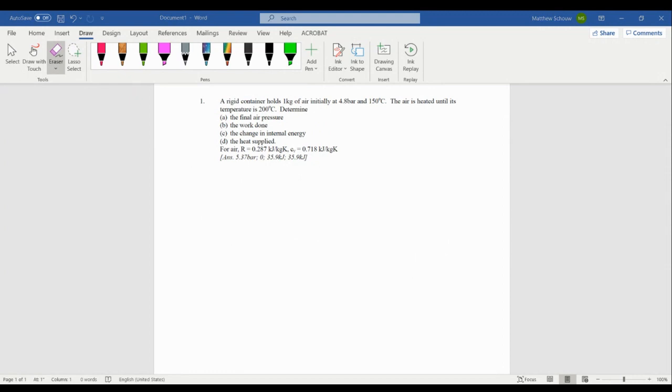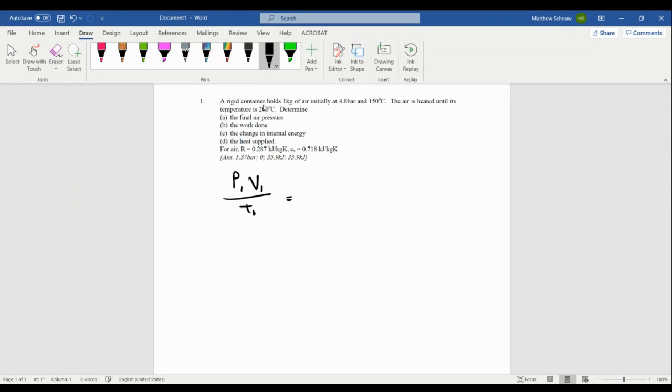Anyone? P1 over T1 is equal to P2 over T2. Okay, so essentially this is the way I do it. Next thing is write the equation of state down. It's P1 V1 over T1, state before, over state afterwards.